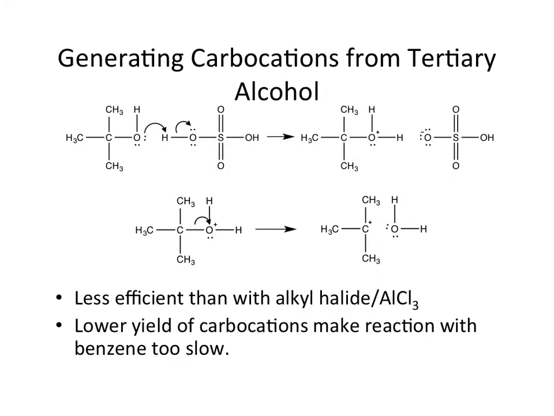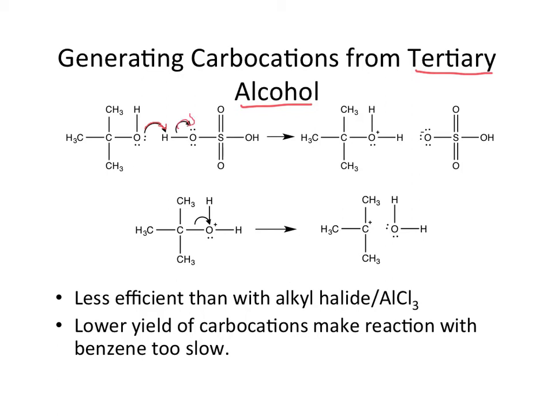So, we're going to use a tertiary alcohol as our source for generating carbocations. So, we'll do what we've done in the past. We'll use sulfuric acid. We will protonate our tertiary alcohol. Right? And our tertiary alcohol will act as a Bronsted-Lowry base. Sulfuric acid will act as a Bronsted-Lowry acid.